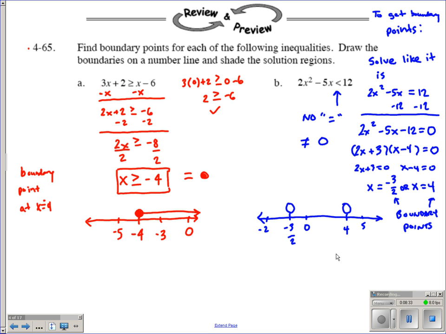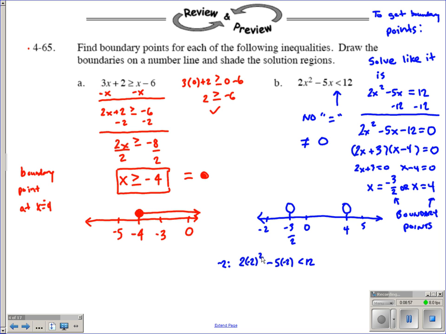I'm going to test them all just because this concept might be new for somebody here and you want to make sure you understand what's going on. So I'm going to test negative 2 first. I'm going to say here 2 times negative 2 squared minus 5 times negative 2 is less than 12. Let's see if this is true.